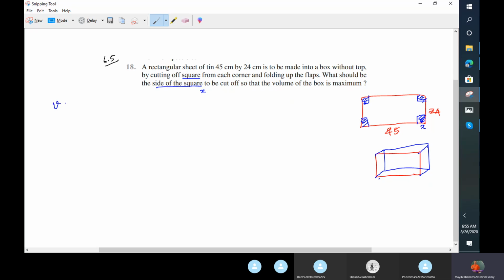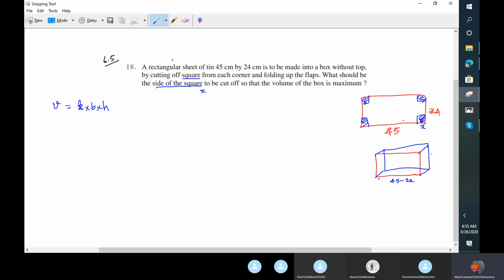How to find the volume of the box? Volume of a cuboid is L into B into H. What is your L? L is 45 minus 2x, this is your length. Then what is your breadth?